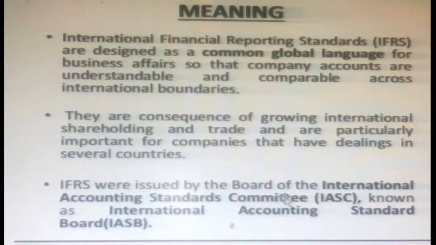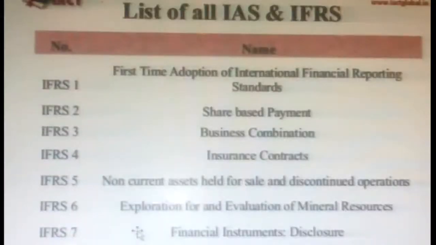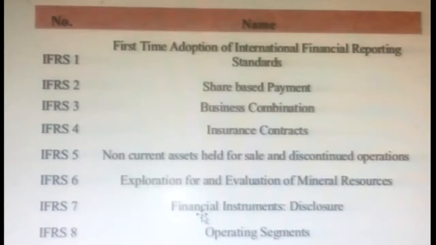IFRS were issued by the Board of the International Accounting Standards Committee, IASC, known as the International Accounting Standards Board, IASB. Earlier we discussed the ASB, here it is the International Accounting Standards Board, correct. Then, what is the list of IFRS they have given? Here, a total of 9. IFRS 1 stands for first time adoption of International Financial Reporting Standards. IFRS 2 stands for share based payment. 3 stands for business combinations. 4 stands for insurance contracts. 5 stands for non-current assets held for sale and discontinued operations.